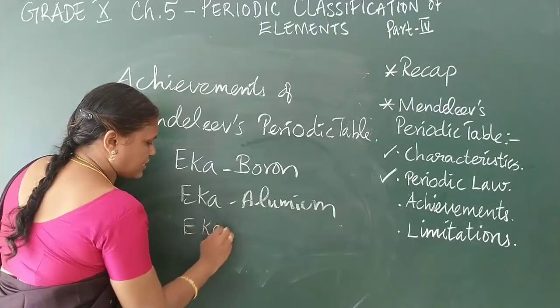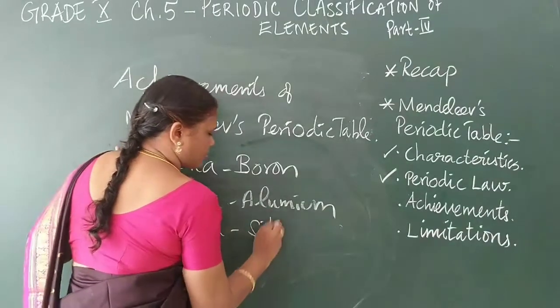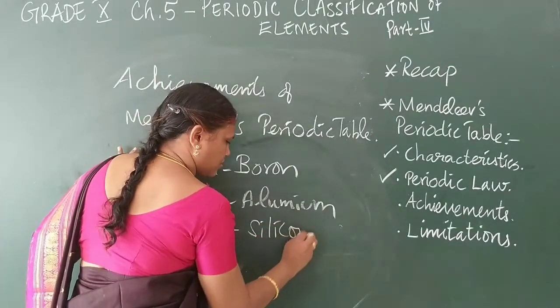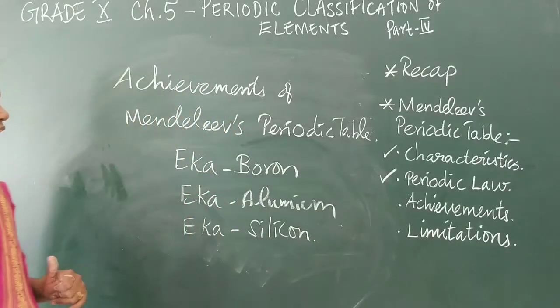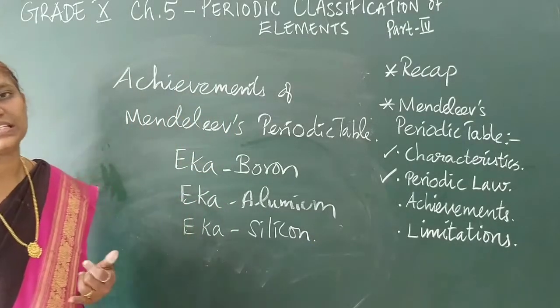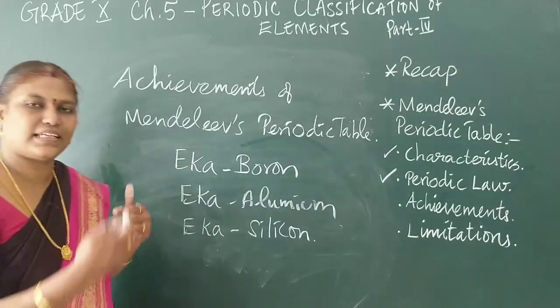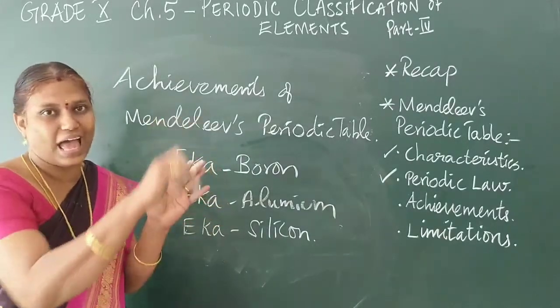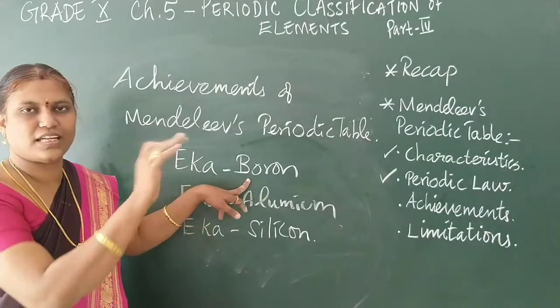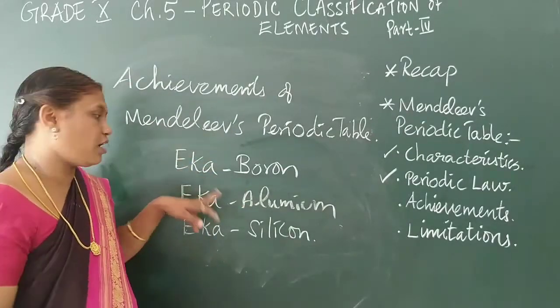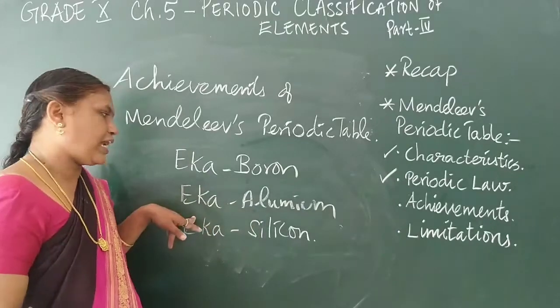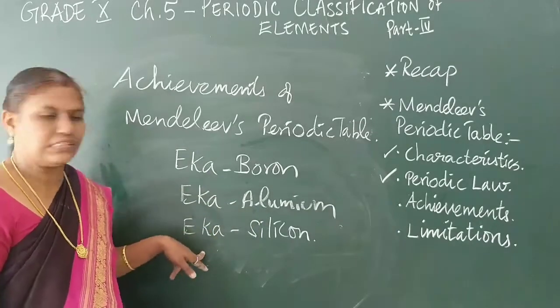Like that he has placed them. He has named the element that is previous to that gap. If it is before boron, it is Eka boron. Before aluminium, it is Eka aluminium, Eka silicon.